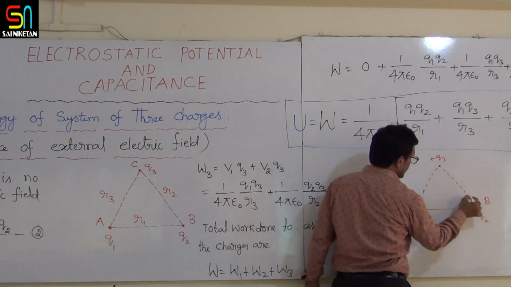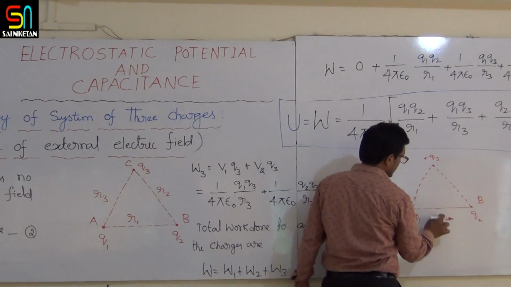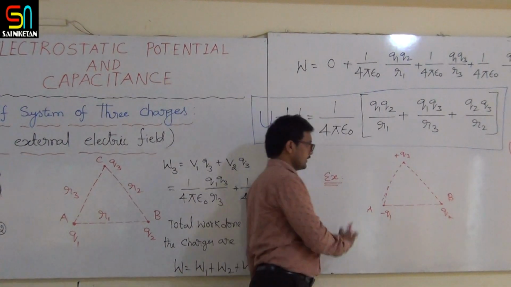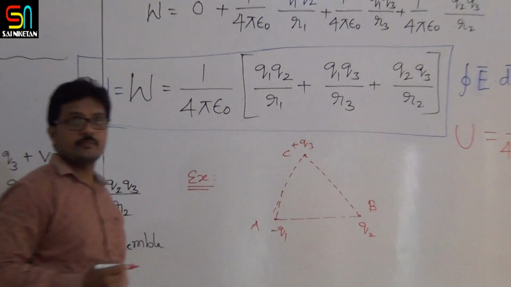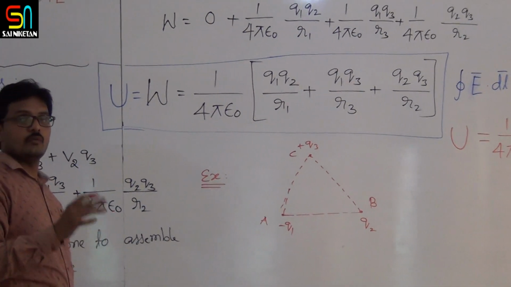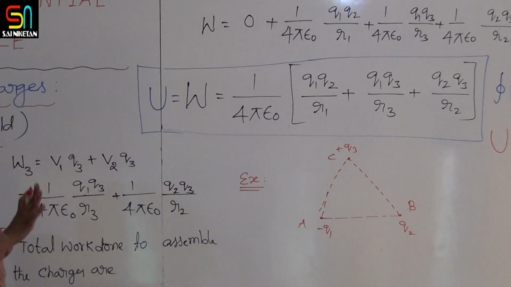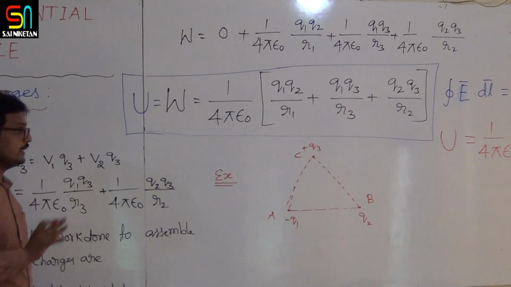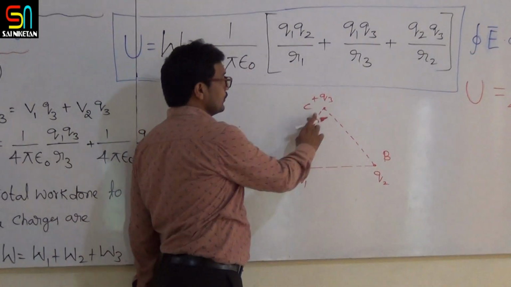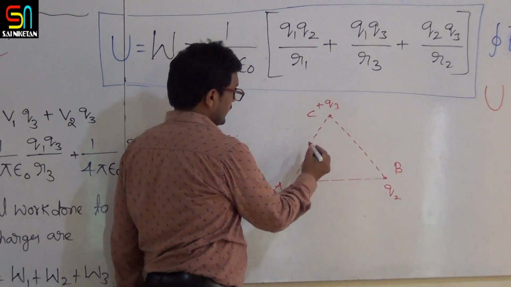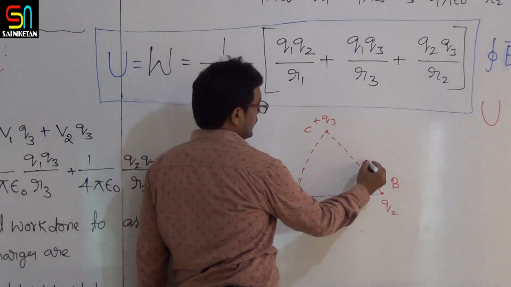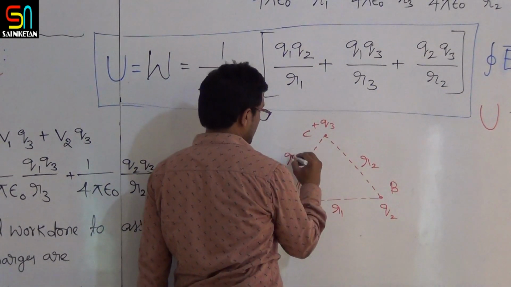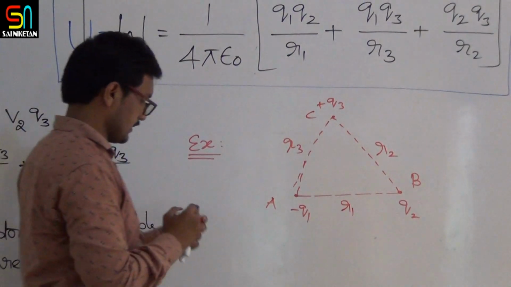So three different charges are assembled in the field. Then what will be the potential energy? To write the potential energy, all combinations should be there, and while writing the charges, we should use the original sign. Here from A to B the distance is R1, from B to C it is R2, and from A to C the distance is R3.